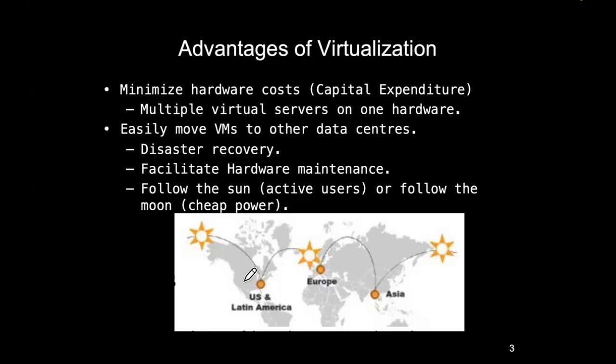So you could physically, well, it's not physically, but logically kind of move the VM to a different data center. Or more likely, what you would have is multiple copies of it but have it shut down on the data centers that are in nighttime period and have it running on the data centers that are currently daytime.